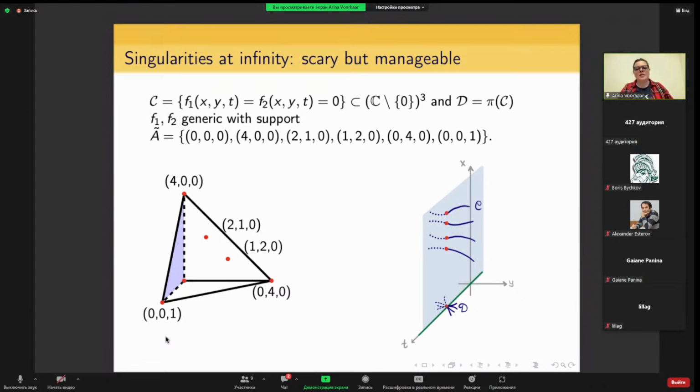Okay, then what I want to say is that I take, of course, F1, F2 generic with this support, and I want to compute the projection D of this complete intersection. That's still true.